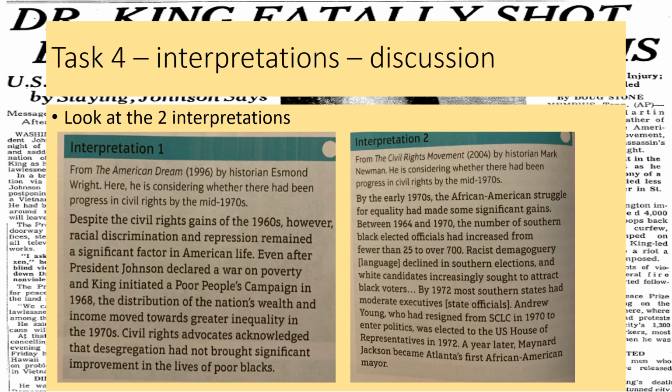So, what you have to do is look at these two interpretations and decide. Hopefully, it is quite obvious what the main differences are between these two interpretations. Two different viewpoints about the same event, considering how much progress there was by the 1970s with regards to civil rights.